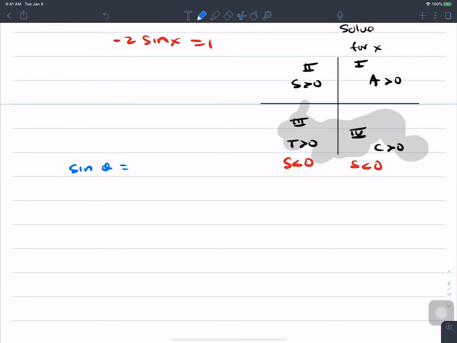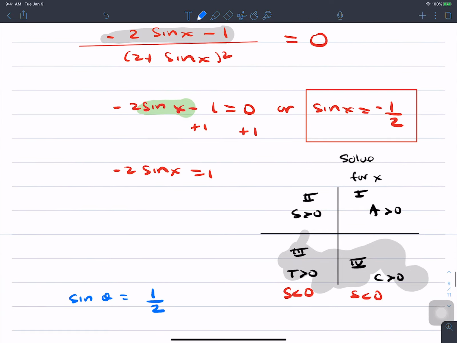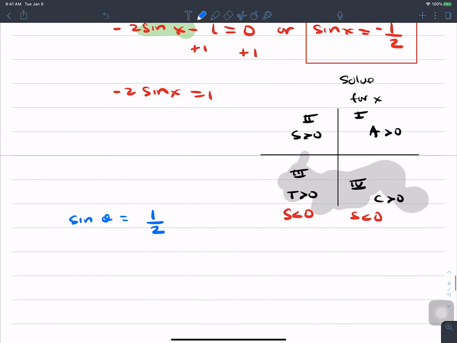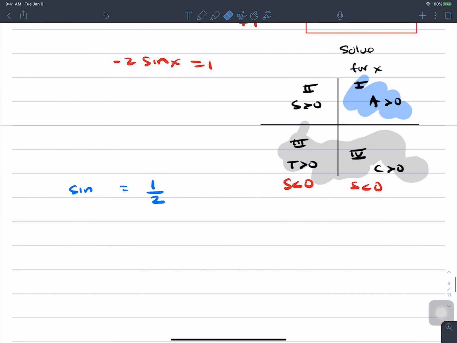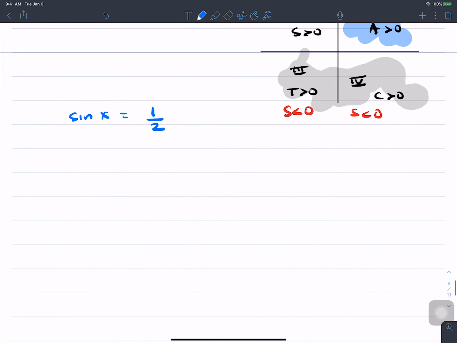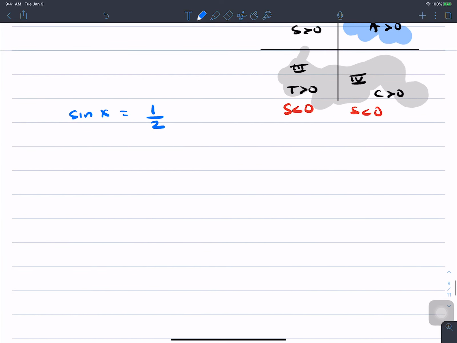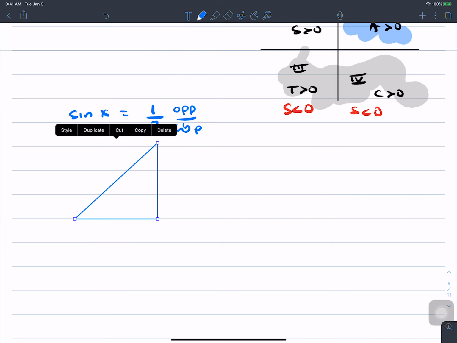Sine of theta or x are really quadrant 1. You could use your reference angle, by the way, in blue. Let's color this. This is your reference quadrant. So I need to solve this for x for the positive value. And remember the definition, sine is opposite over hypotenuse, right? So you get that right triangle. And we say the opposite side is 1, hypotenuse is 2. And you start to say, oh, I know what special triangle this might be.